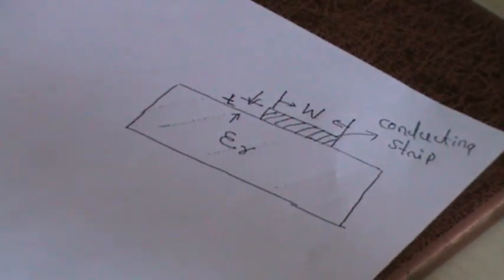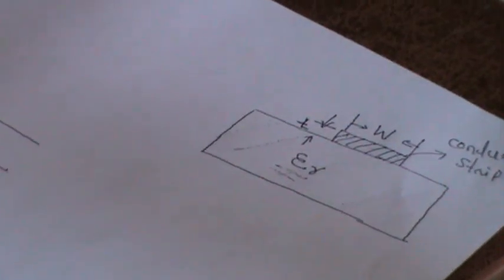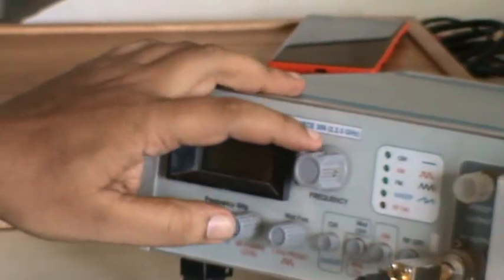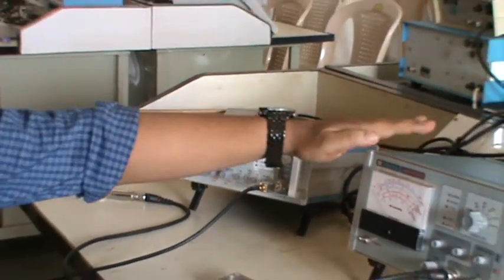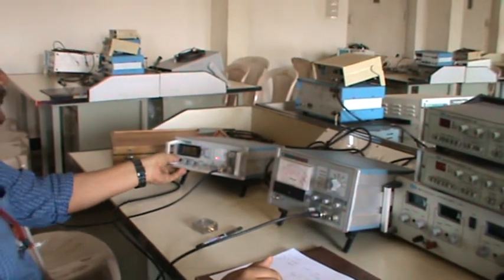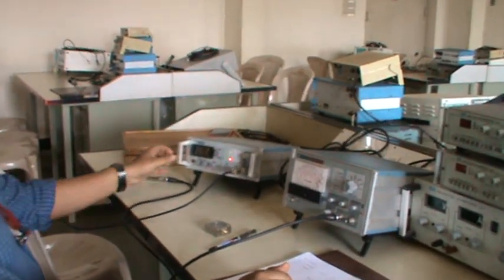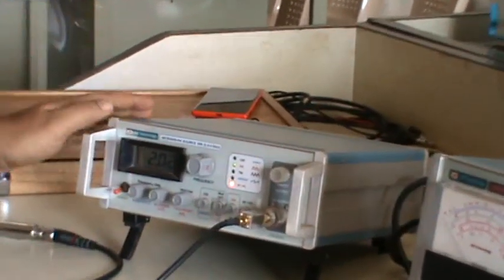Now what I have to do in this experiment is calculate the dielectric constant of the ring resonator. For that, we need a variable microwave source with frequencies from 2.2 to 3 GHz, and a VSWR meter. Now I switch on my source. As I switch on, there are certain initial procedures to be followed.